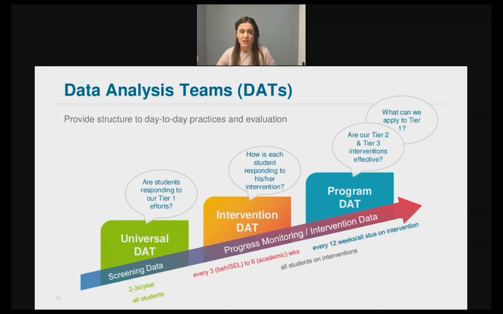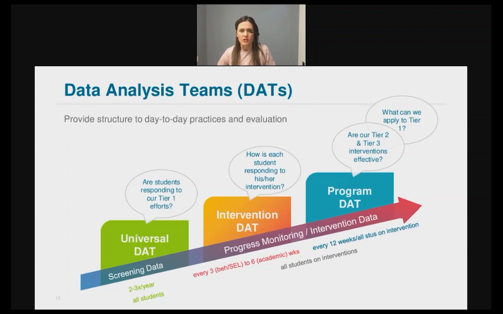And are those interventions as a whole actually effective? And then maybe there's something we're identifying that with all the interventions, we still have some students who have an ongoing need of some sort. So looking at those patterns and trends, what from that can we then apply to the tier one level?